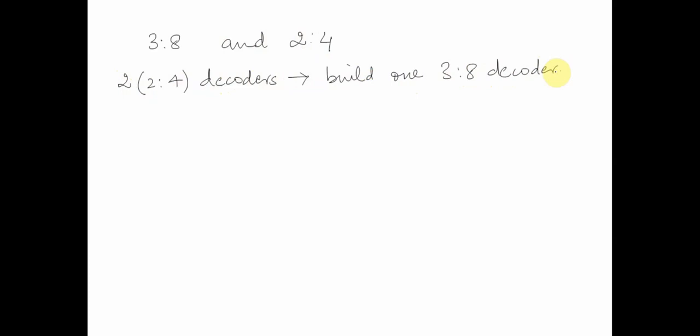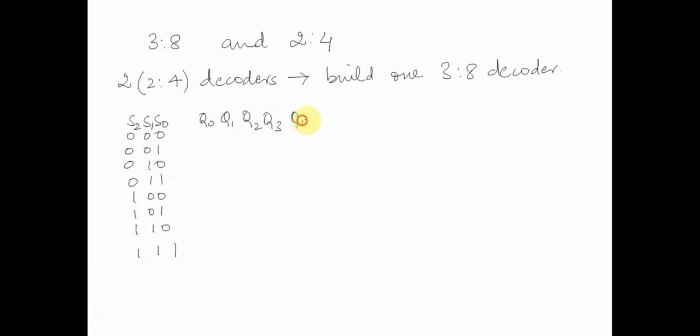Yes, this is possible, and for doing this, we have to look at the truth table of the 3 to 8 decoder again. Let me quickly draw it. So these are the possible set of inputs, and depending upon these inputs, exactly one of the outputs would be active at a given point of time, right?